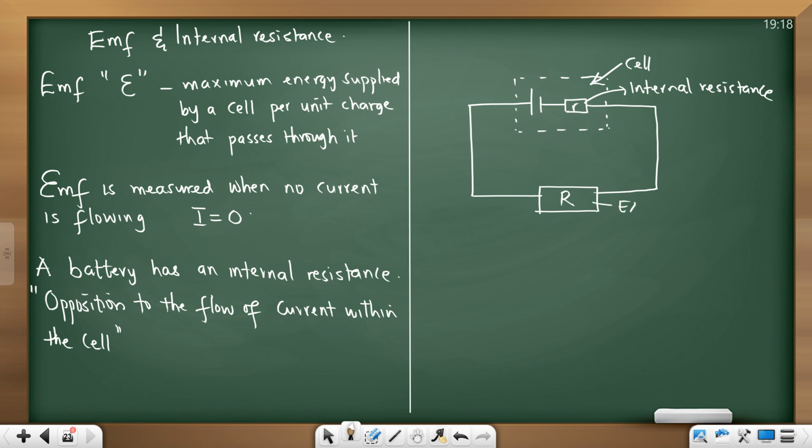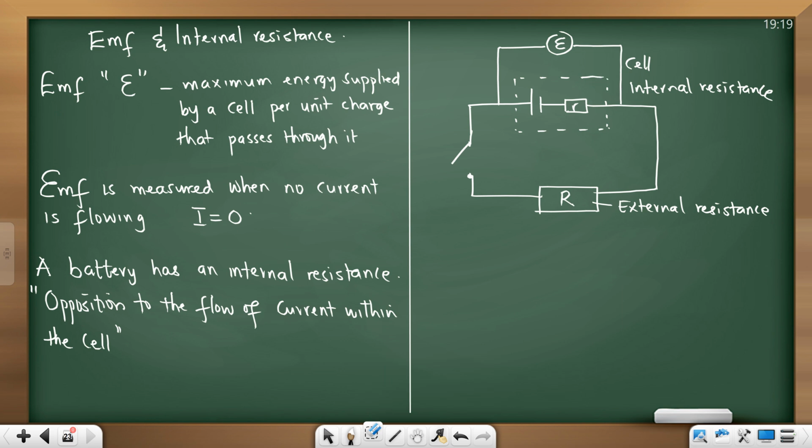And this is my external resistance. While you're drawing, let's create an open switch. Here we are measuring EMF because the switch is opened. So this is the whole diagram.